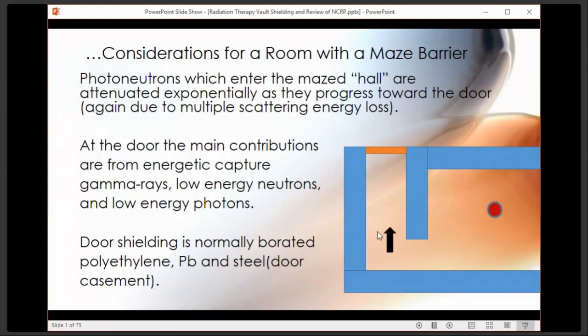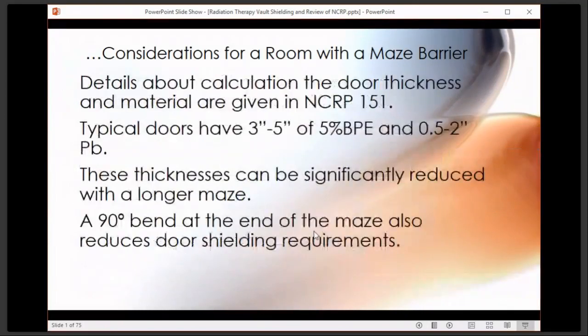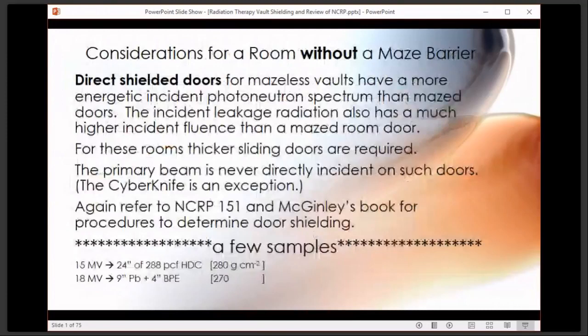They exponentially attenuate as they're going down, their fluence, but there's capture gamma rays produced that come to the barrier, and neutrons. So it's basically a complex calculation, and I don't want to say much more about that.